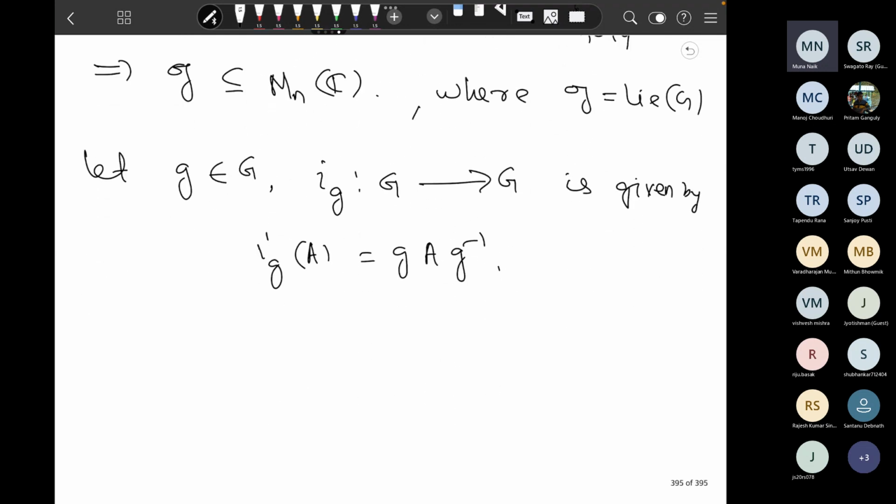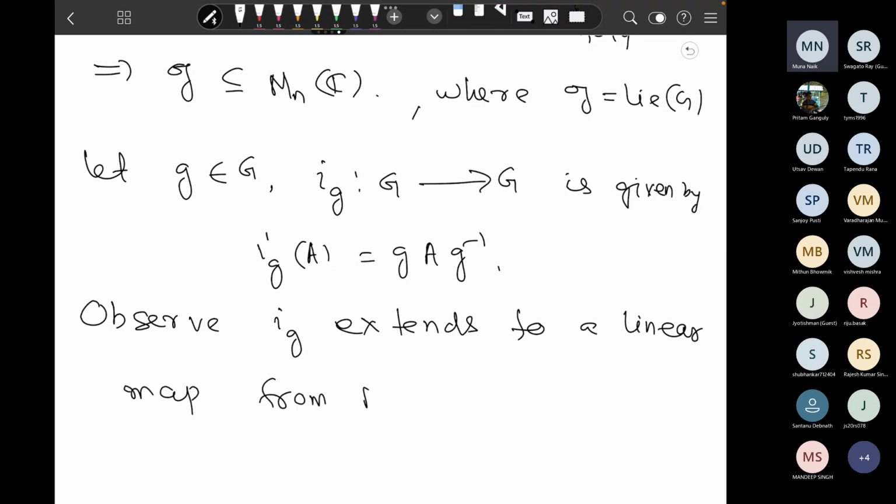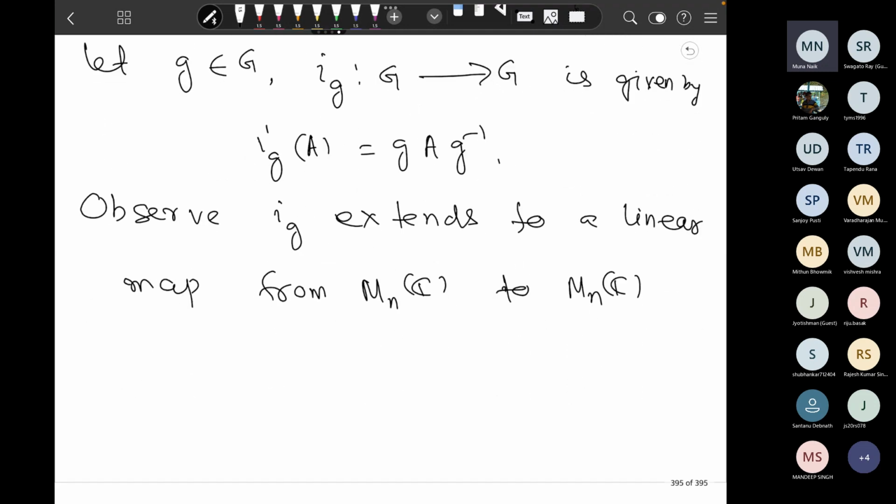Now observe I_g extends to a linear map from M(n,C) to M(n,C), given by I_g(X) is equal to g X g inverse.